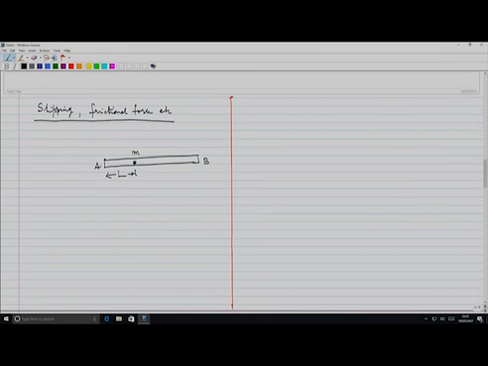The rod rotates about A with a constant angular acceleration alpha. This is given.